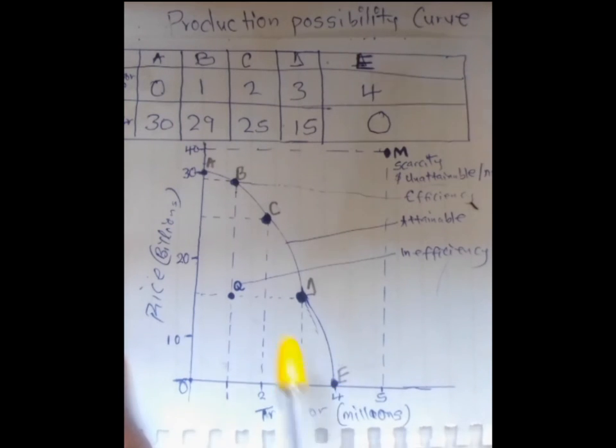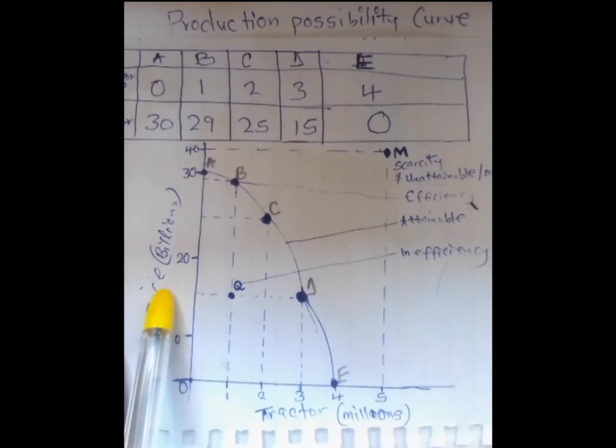From E to D it is 1 million tractors. When they let go some quantity of tractors, they were able to produce 15 billion bags of rice.